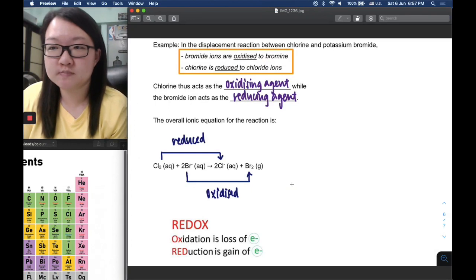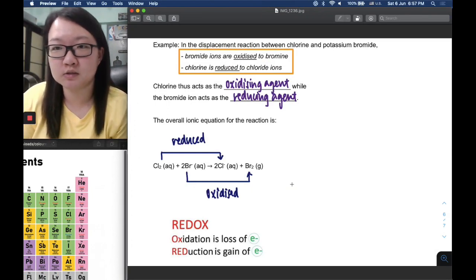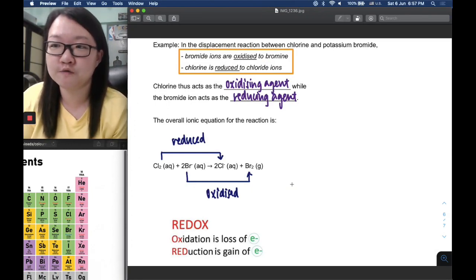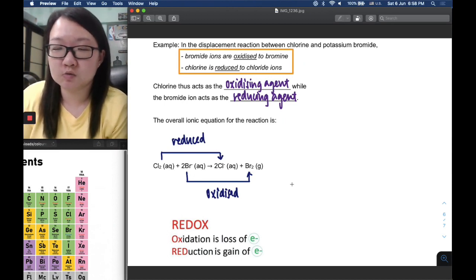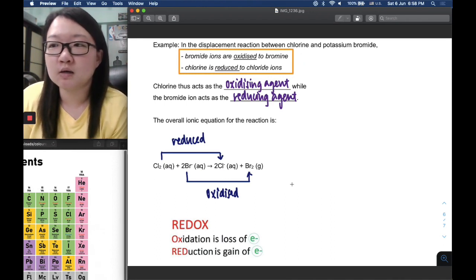Okay, so as mentioned, for this part on the second chemical property of halogens, at Sec 3 level, you don't have to be overly worried about this part. More importantly, you need to be able to appreciate the understanding behind the displacement reaction, which is the first part, and be able to write the chemical equation as well as the possible observations that you will see in a particular experiment, for example.